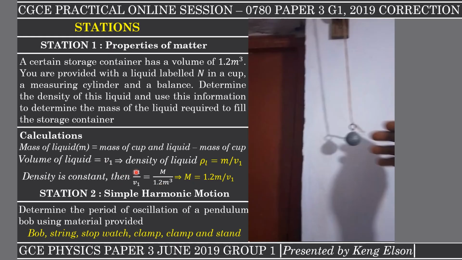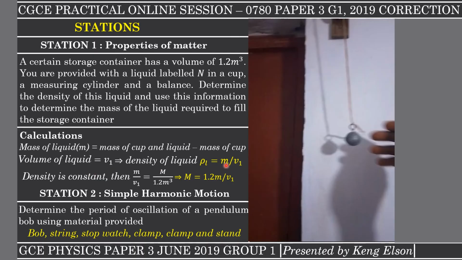Okay, so from there you can make the second mass the subject. The second volume is 1.2 meter cube because it is the volume of the storage container. So the second mass will be 1.2 times the first mass divided by the first volume. So that gives you the mass that will be required to fill the 1.2 meter cube storage container.